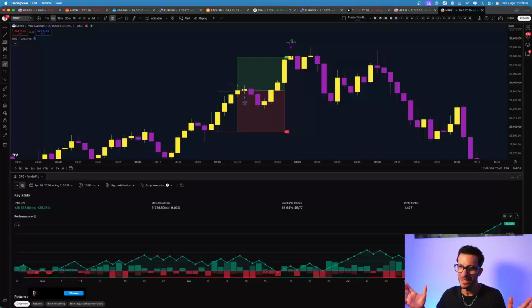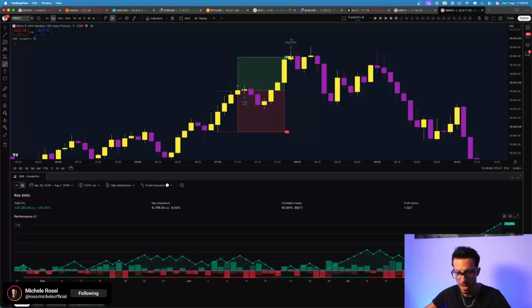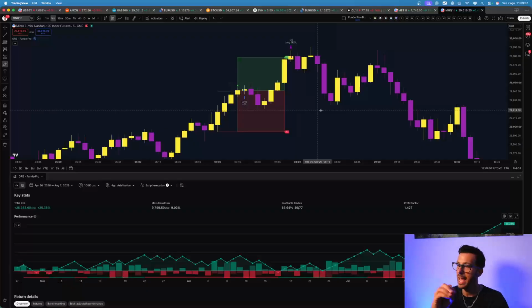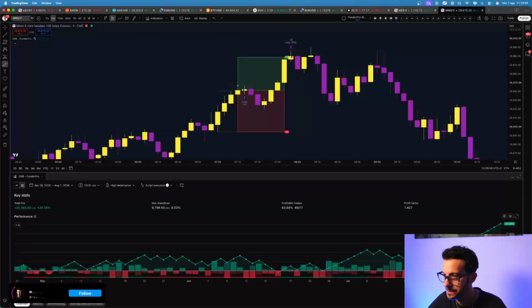The objective is to deploy it and make it pass the challenge and make a payout, of course. But it doesn't matter if it does that, because the important thing is to show you the process and how it's not easy, but possible to do with logic, mathematics, AI, TradingView, super easy.